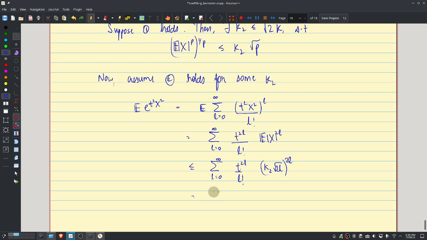This is summation L equal to 0 to infinity K2 square t square whole to the power L divided by L factorial times 2L whole to the power L.